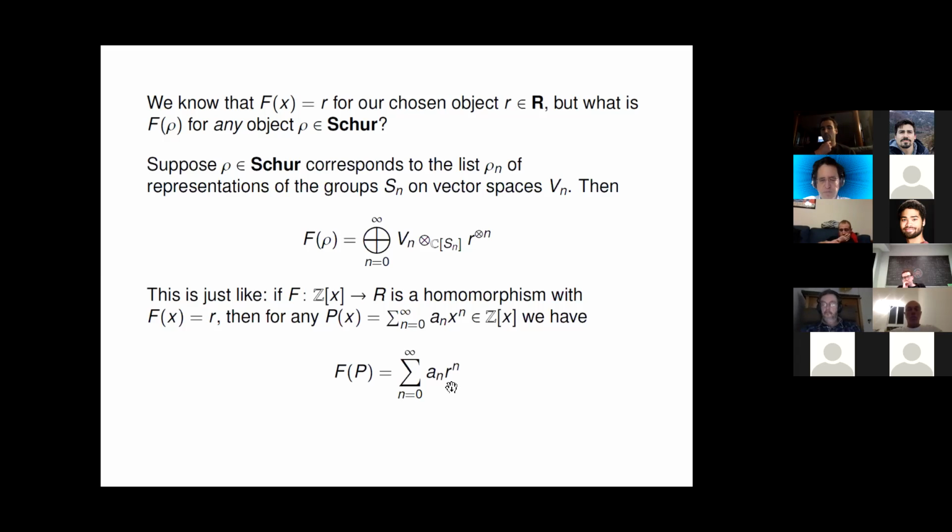Here we're taking a ring element and multiplying it to the nth power. Here we're taking an object and tensoring it with itself n times. And this plain old sum is turned into a direct sum. So we're really just taking a pretty simple idea from algebra and knocking it up one level, basically just drawing circles around all the plus signs and the times signs and getting a deeper result.